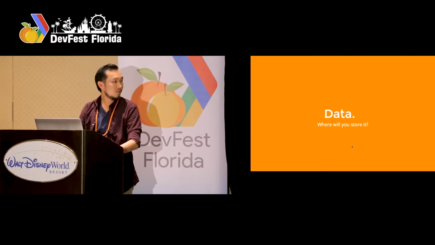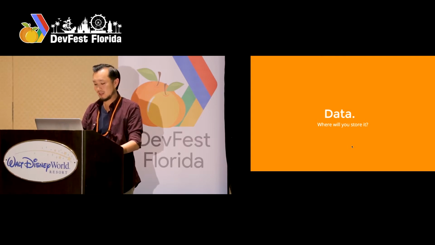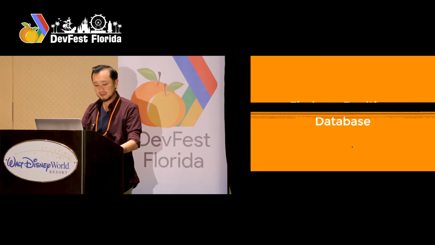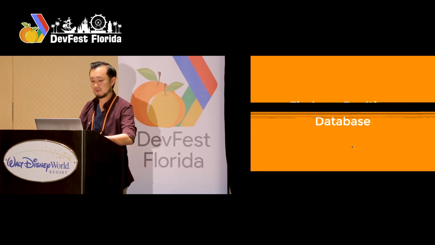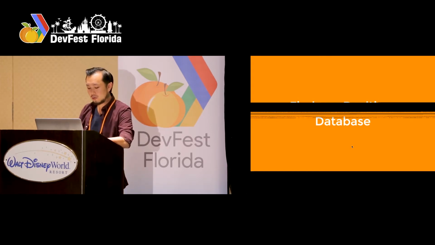Most of the other time, you'll have to work with storing data. It's very common to build apps and services where you have to store data, and Firebase Realtime Database is a good solution for that. Some qualities of it: it follows the NoSQL format.